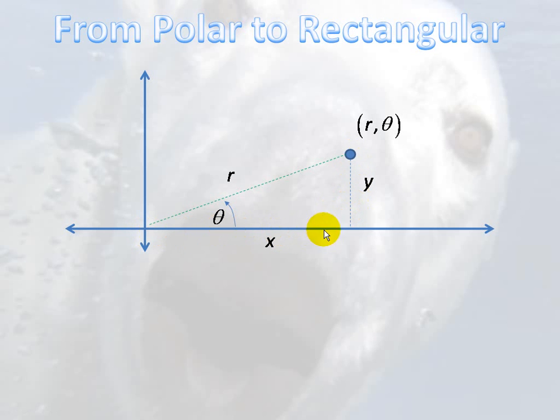This distance here is x. This distance is y. We know the rectangular coordinates are x and y. But we want to see, is there some kind of relationship between x and y and r and theta?